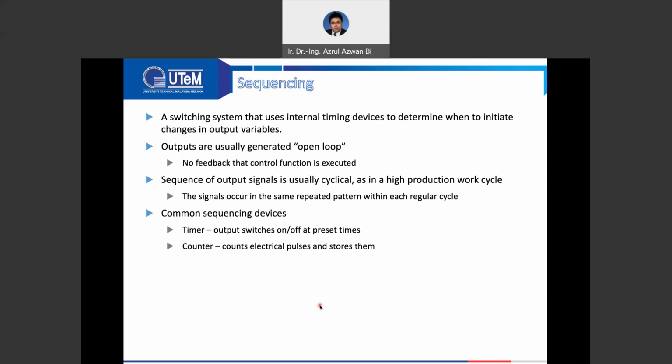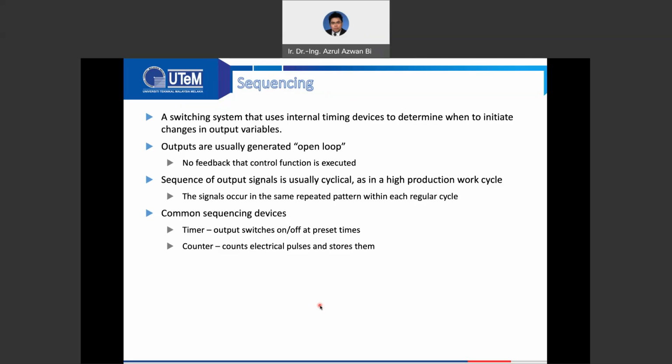Outputs are usually generated open loop, with no feedback that the control function is executed. The sequence of output signals is usually cyclical, as in a high production work cycle. The signals occur in the same repeated pattern with each regular cycle.